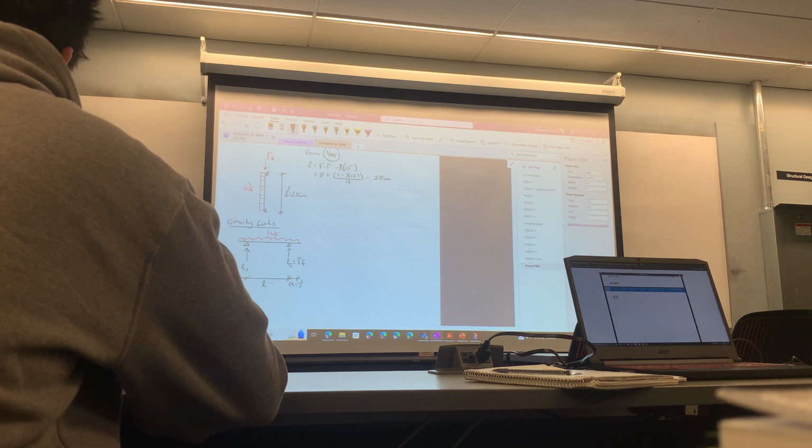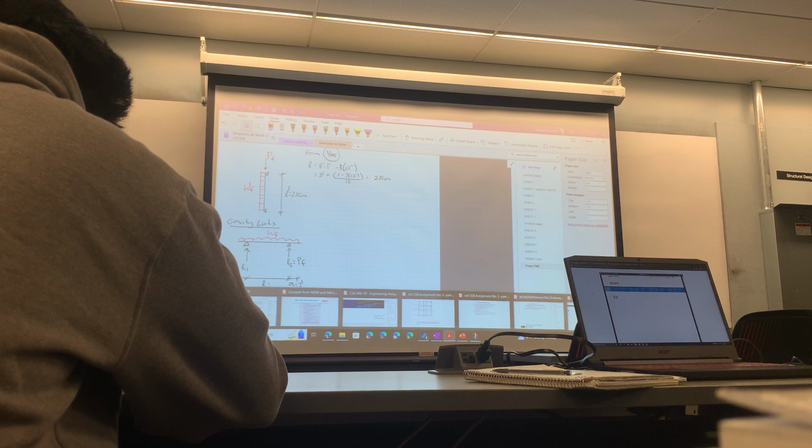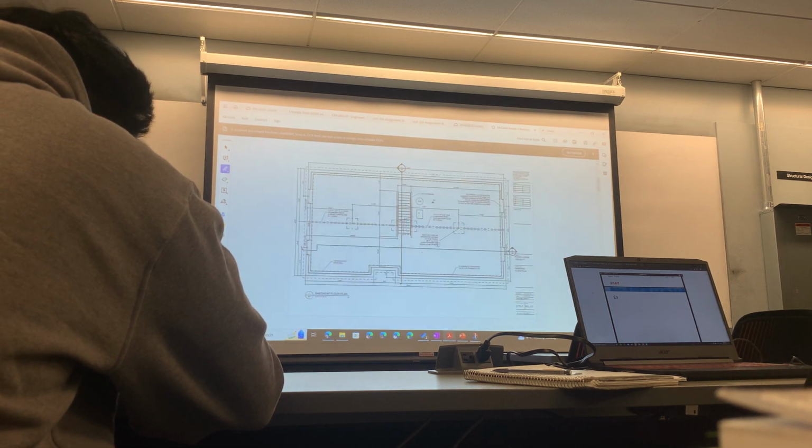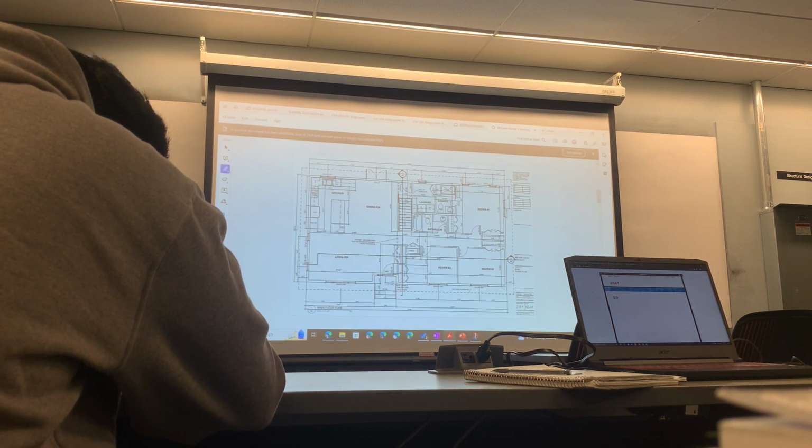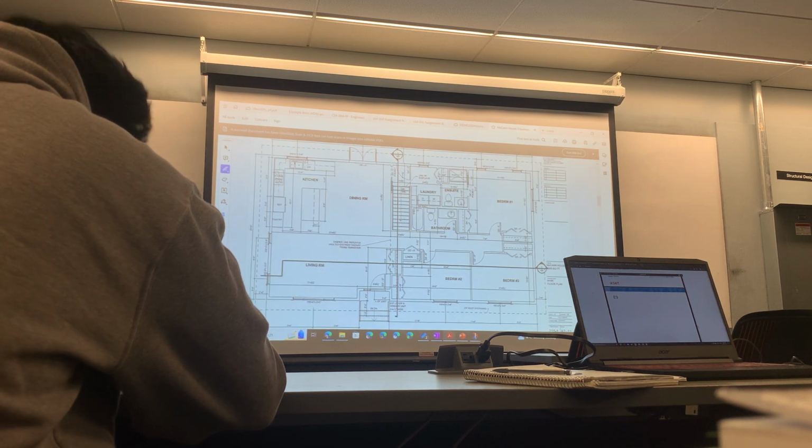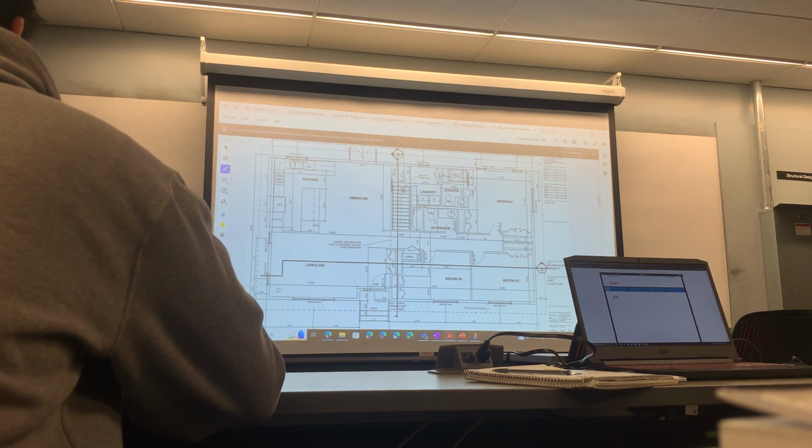So we know this is 2 feet. What is L here? To get that, we go to our plans and we're going to see 29 feet, outside to outside.